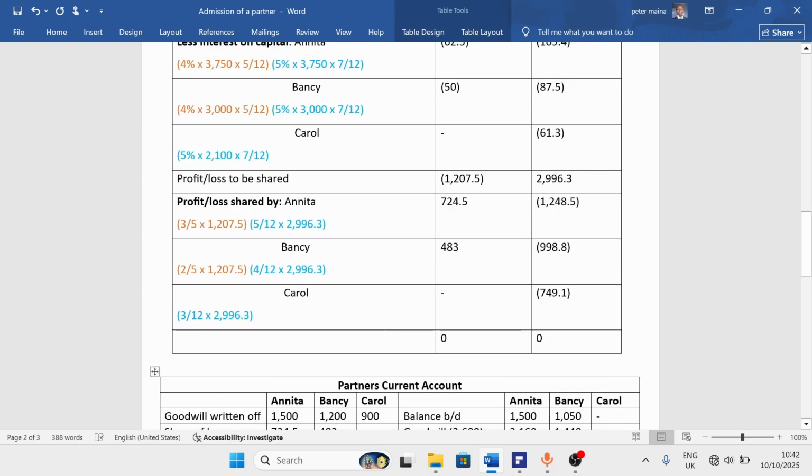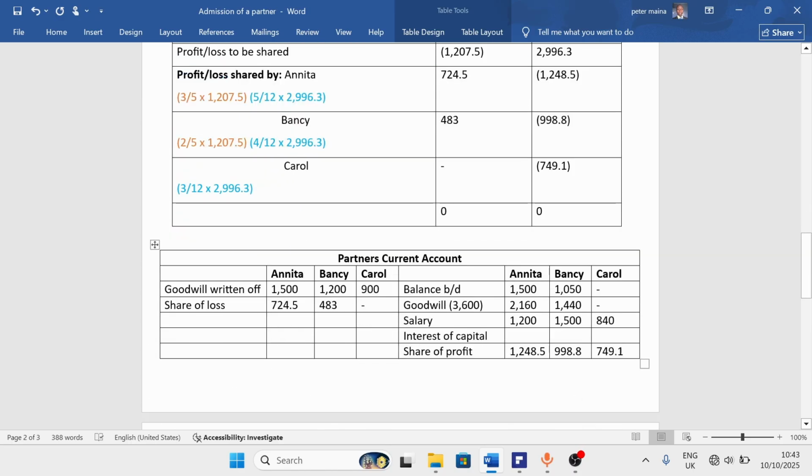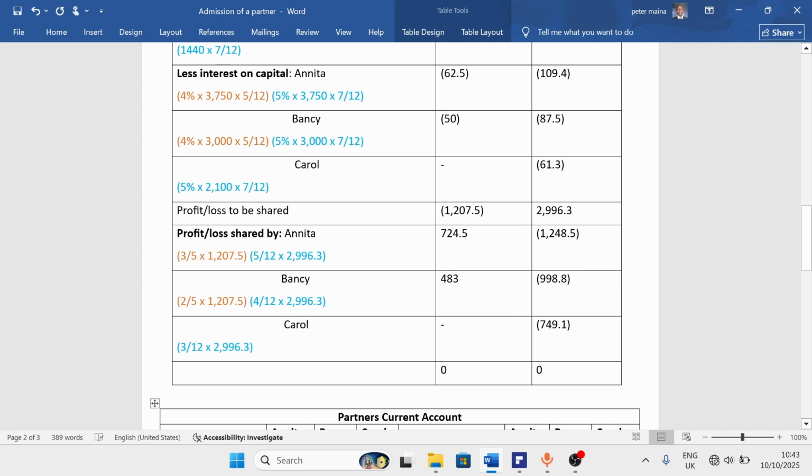And then we include their share of interest on capital. Now this we have to add the first period plus the second period. Starting with Anita, interest on capital, the first period for Anita was 62.5. We add her share for the second period, 109.4. So in total, Anita will have interest on capital amounting to 171.9. We go to Bansi.